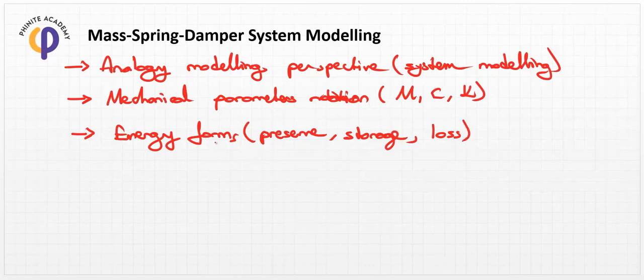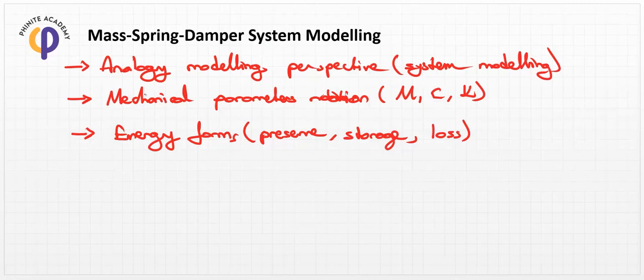So in order to create a specific rule or notation, we should use energy forms to combine these two things in the dynamics perspective of the system modeling approach.